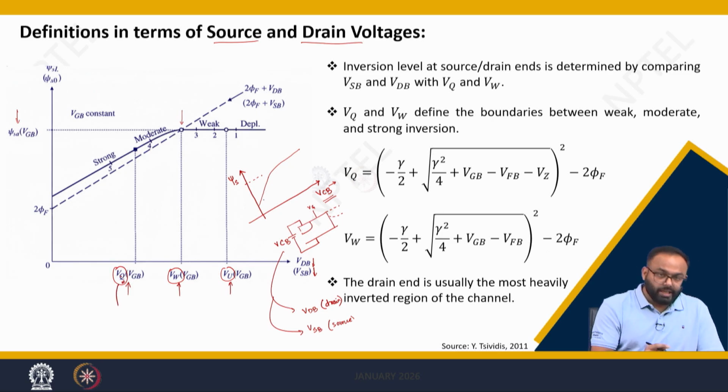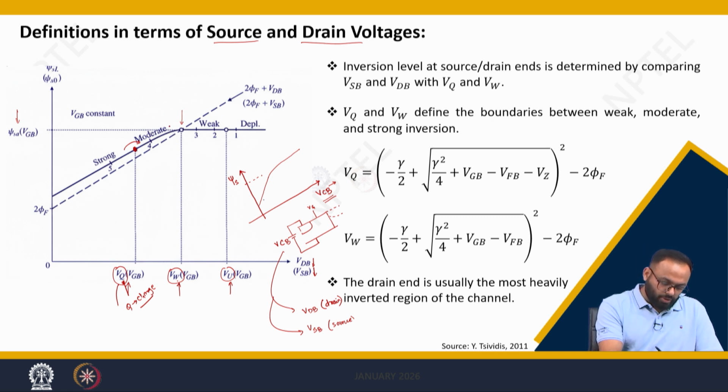So Q means it is a charge dominant region. So in strong inversion, or from strong to moderate inversion, there is a transition you define as VQ. Q stands for charge here. So it is a charge dominant region. Now what is W? W stands for the onset of weak inversion.